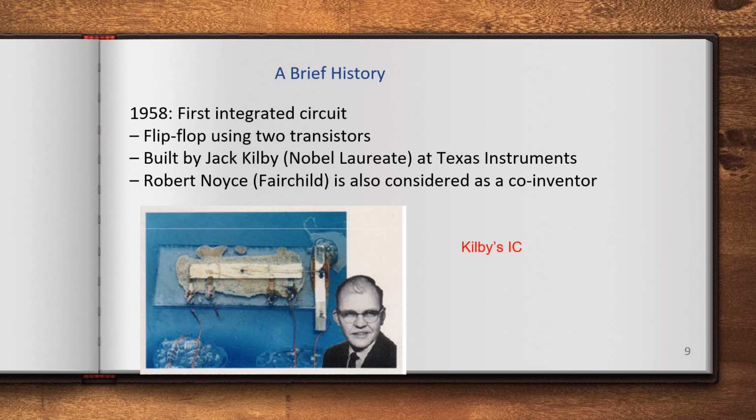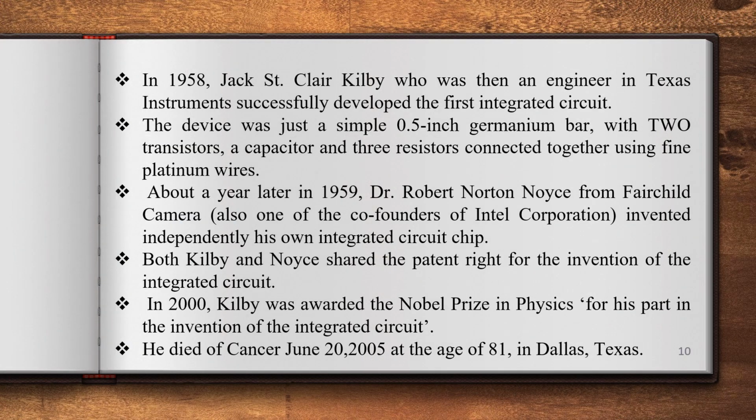About a year later, in 1959, Dr. Robert Noyce from Fairchild Camera, who is also one of the co-founders of Intel Corporation, independently invented his own integrated circuit chip. This is the Jack Kilby IC. Both Kilby and Noyce shared the patent right for the invention of the integrated circuit.